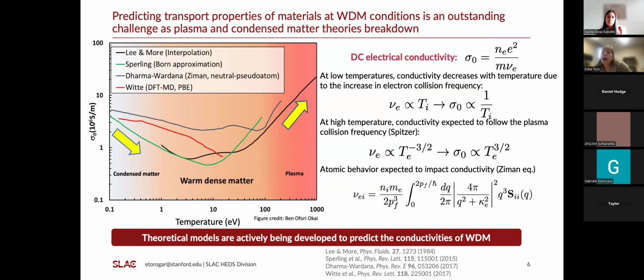Now, there are equations and predictions that we expect will still be useful in the warm dense matter regime. However, in order to understand it better, we need experimental measurements to benchmark these theoretical models that are actively being developed.